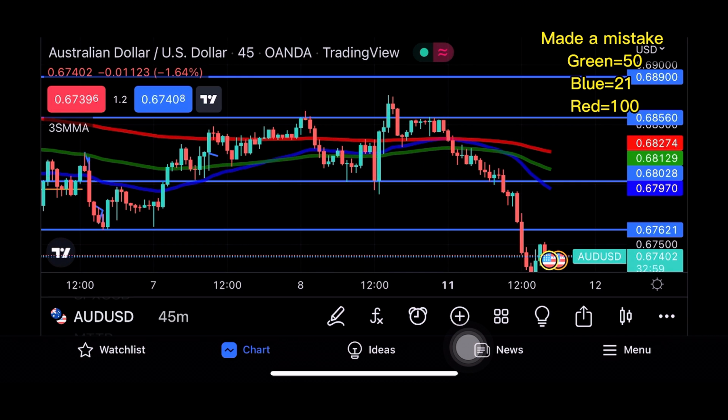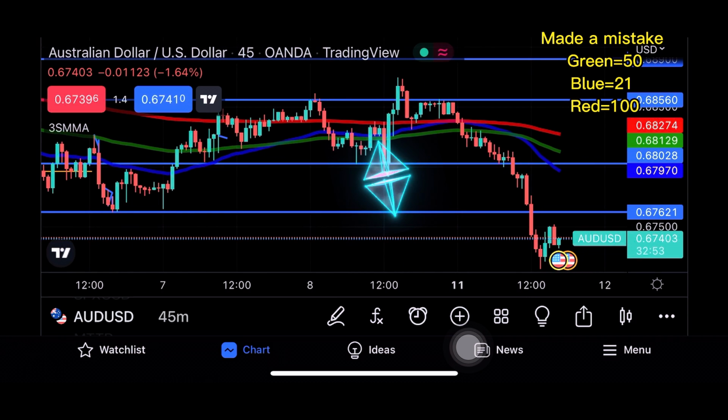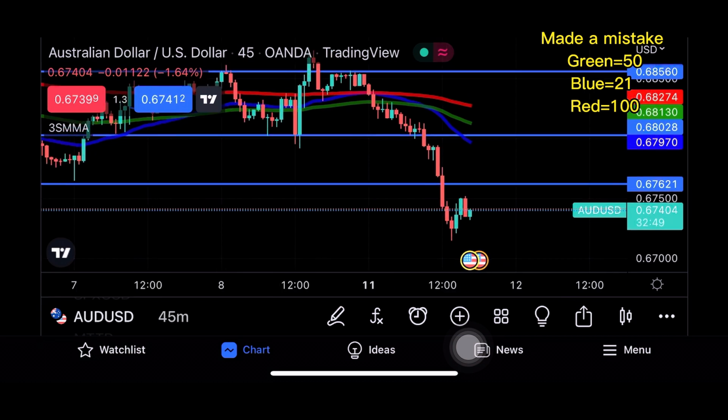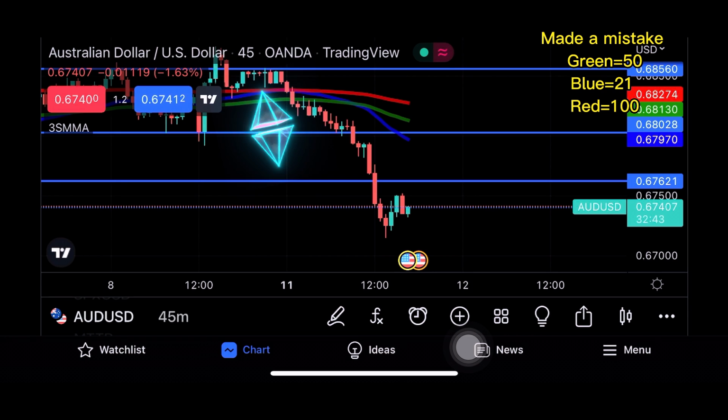And then we see it come touch this resistance, come back down and retest that previous resistance, make it a support, and then go up and then come back down. And then once it comes back down, we can see it start to retest that resistance level before it finally makes its move down, right?